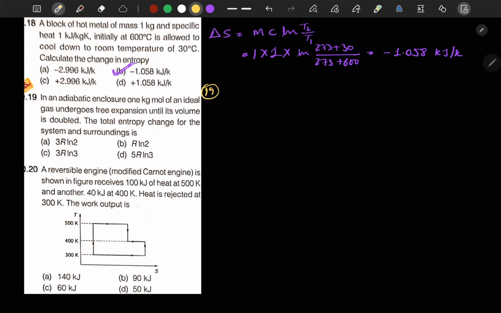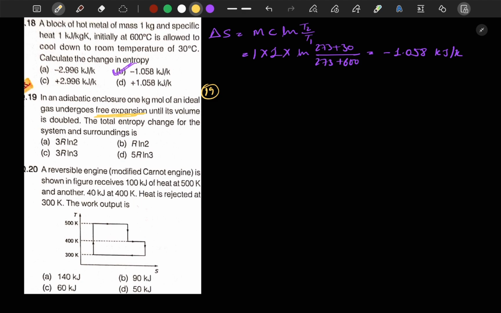In an adiabatic enclosure, 1 kg mole of an ideal gas undergoes a free expansion until its volume is doubled. The total entropy change for the system and the surrounding is asked.